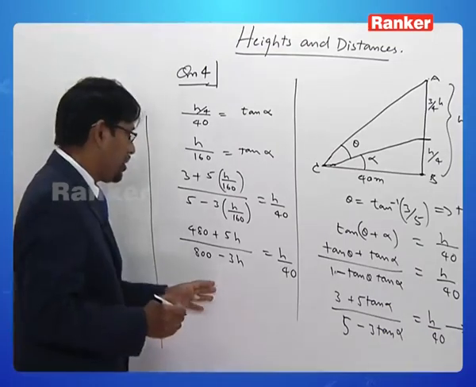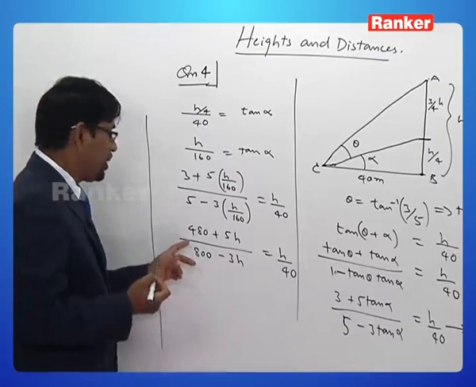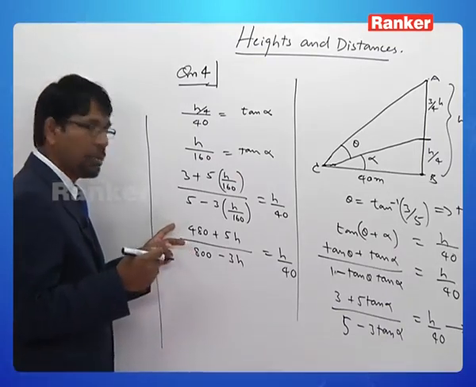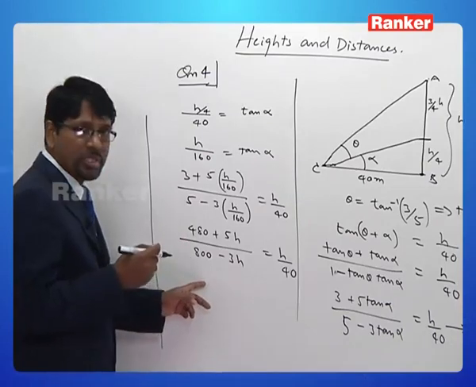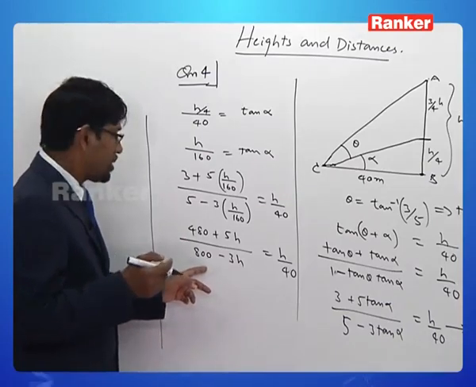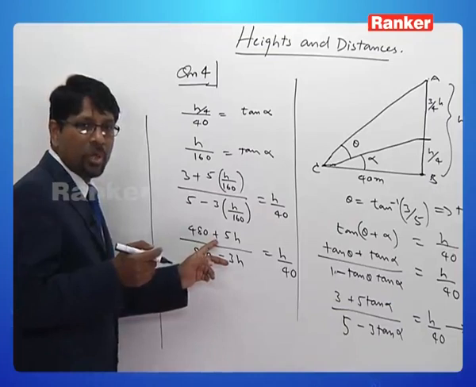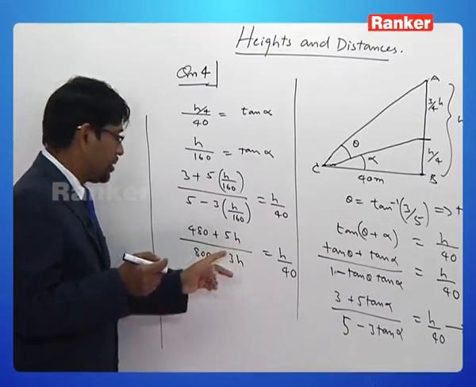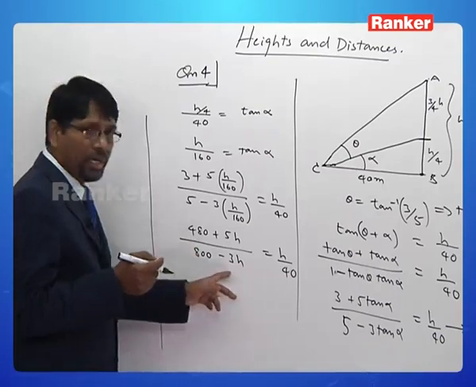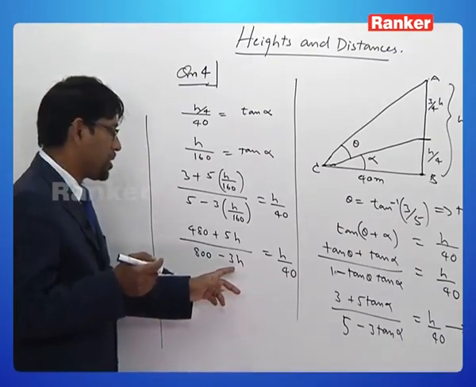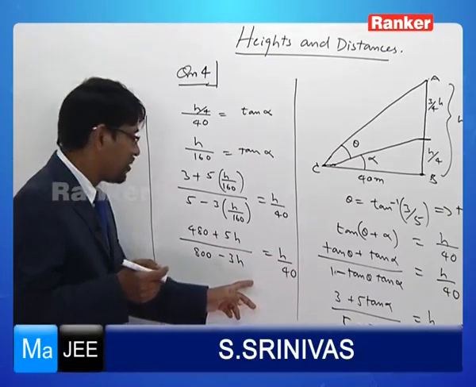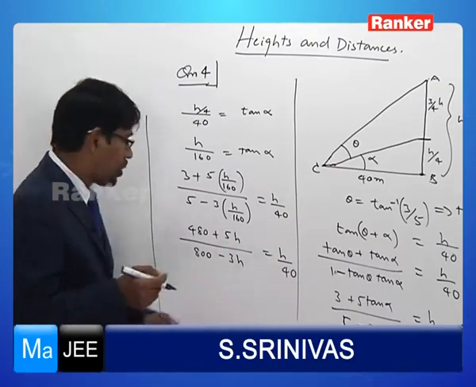Okay, we can actually substitute and see also from the options now. Instead of going about solving for h, we can substitute from the options and see. If I put the first option, 480 plus 100, 580 divided by 800 minus 60, that will not be equal to your 20 by 40. So that won't be the option here.